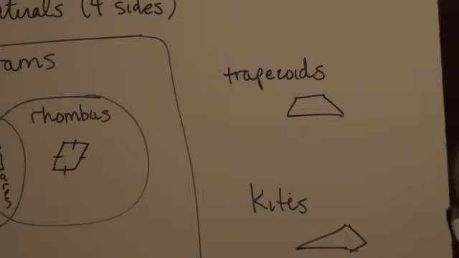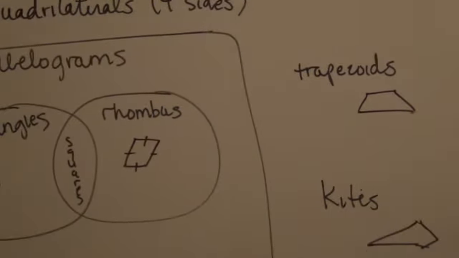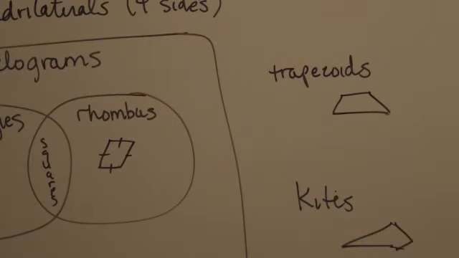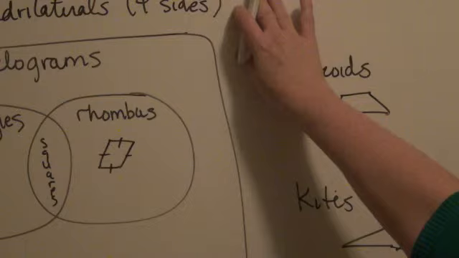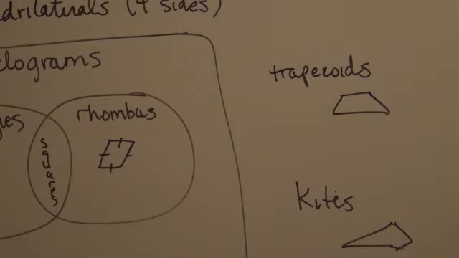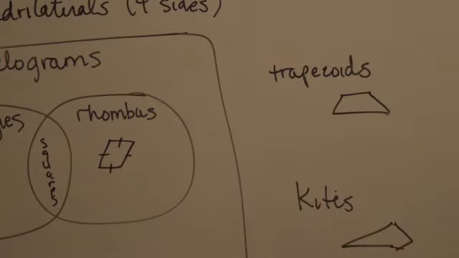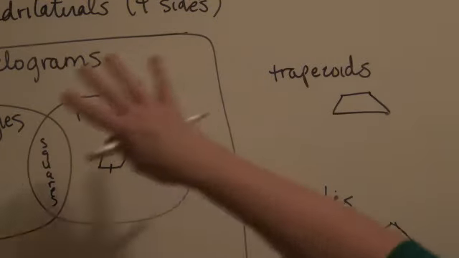All right, the last thing I want to make sure that you do is think about the relationships with this graphic organizer. Don't know if you can see it very well. Okay, if this entire board represented all quadrilaterals, that means any four-sided shape, then as a subsection, I have all parallelograms inside this strange shape. Everything in here is a parallelogram.